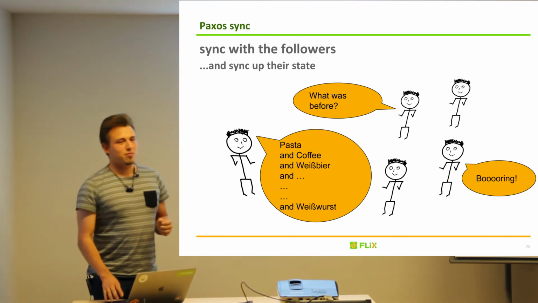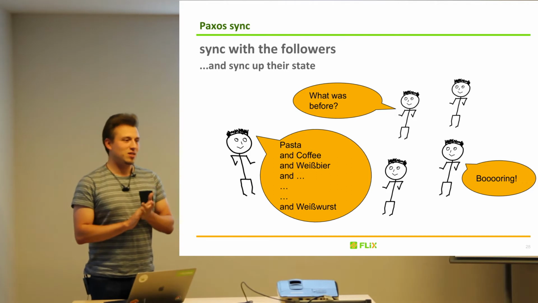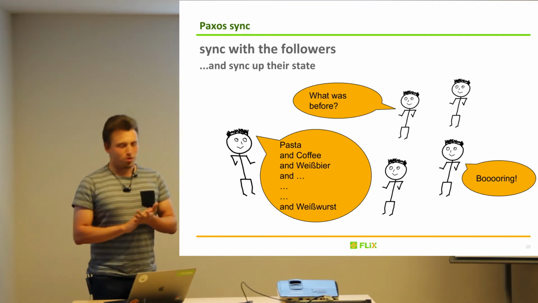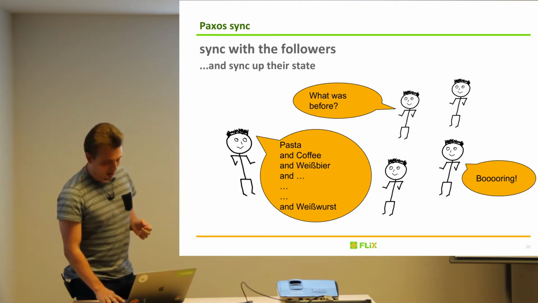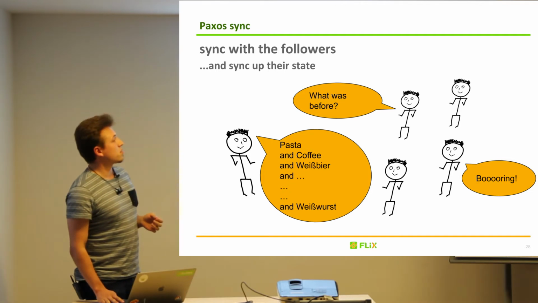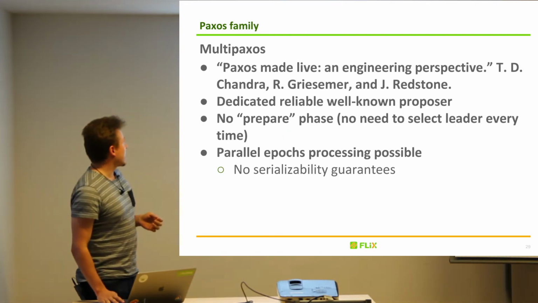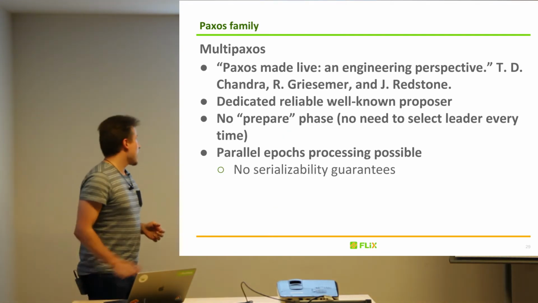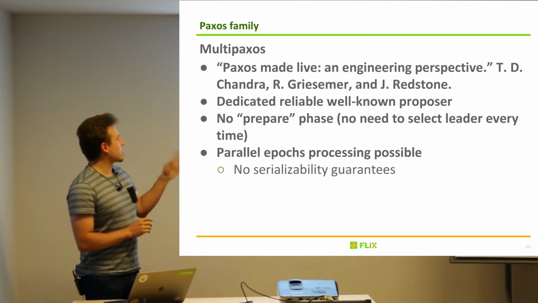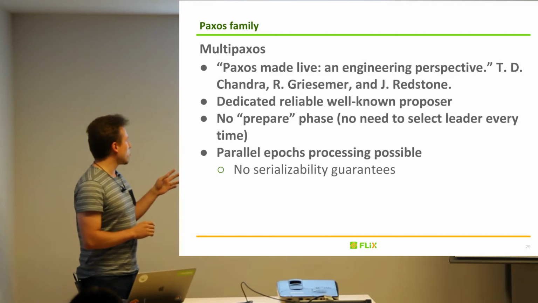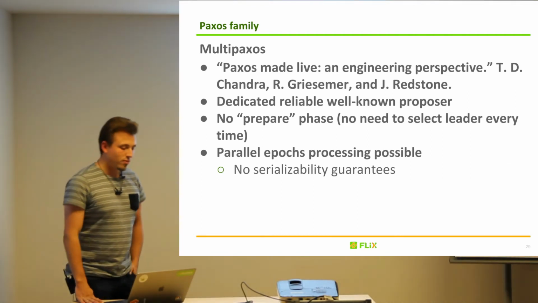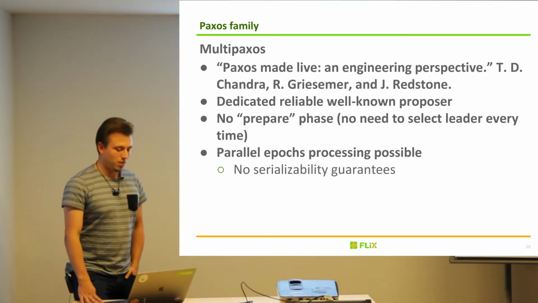Then many people decided that Paxos might be improved. So right now you can meet tons of different Paxos implementations, and one of the most famous, I guess, is multi-Paxos. If I recall correctly, it's guys that worked for or with Google, they wrote this paper where they defined multi-Paxos.